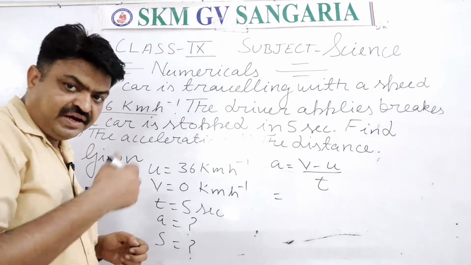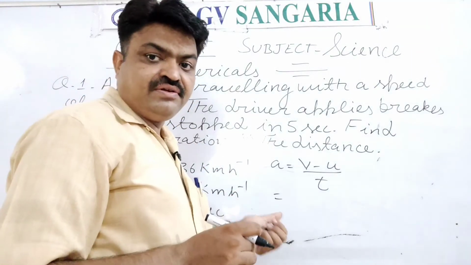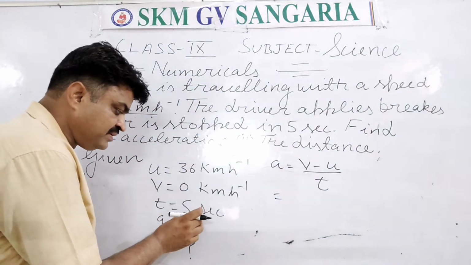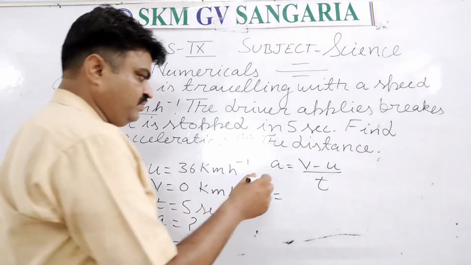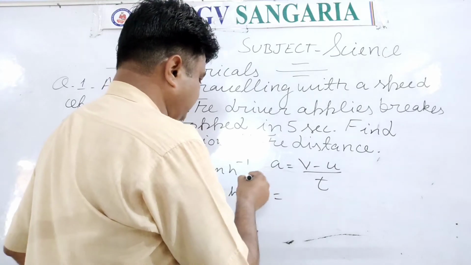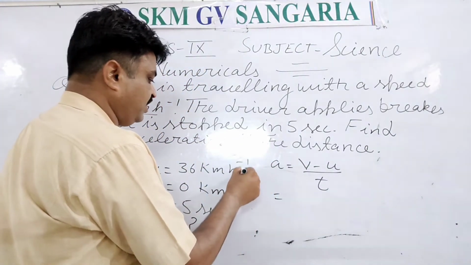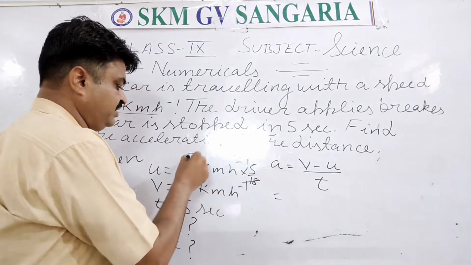For that you will convert these units into meter per second, because the time is given in seconds, students. You will convert 36 km per hour into meter per second. How will you convert? If you multiply it by 5 upon 18, then you can easily get it.